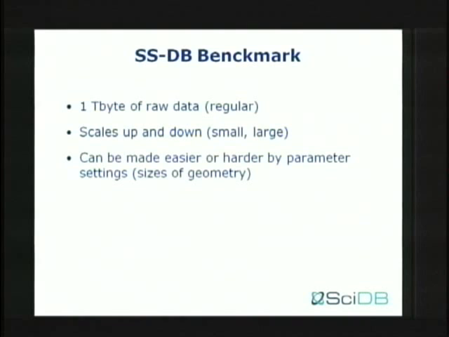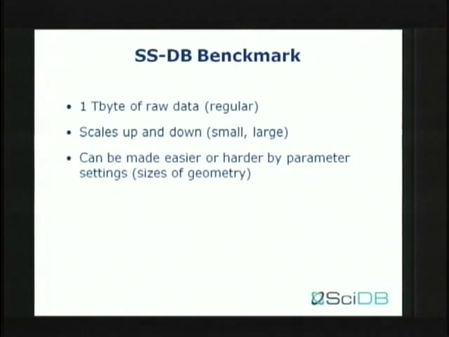So in the essence of TPC, the regular size is a terabyte. It scales up and down to get harder and easier. And there's a whole bunch of parameters, like how big an area of the sky your queries look at.